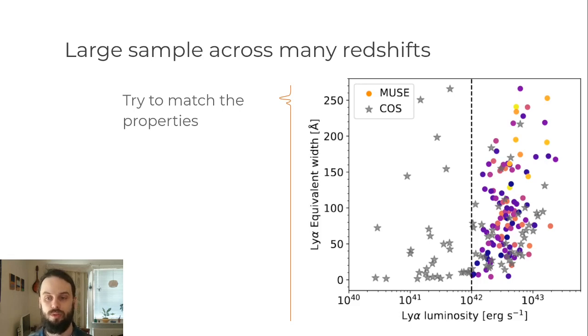And then we tried to match these samples, and then we made stacks at redshifts of 0, 3, 4, and 5, and tried to see if we could deduce any shifts in the average properties of the spectra, and to see if Lyman alpha emitters are consistent with not changing very much, or if they do change a lot across this redshift range.